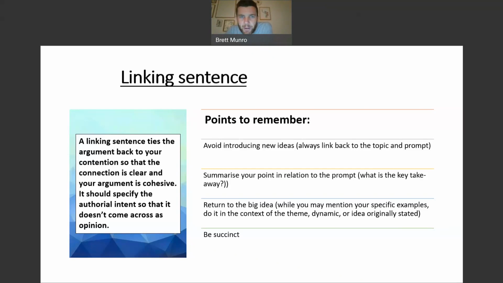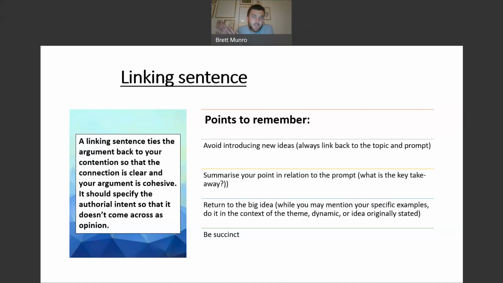So points to remember, you shouldn't be introducing new ideas at this stage. The ideas should well and truly have been discussed and have been done at this stage. Always be linking back to the prompt and the topic, but not with a new idea. It should be essentially providing a connection back to what you've said, back to the prompt.